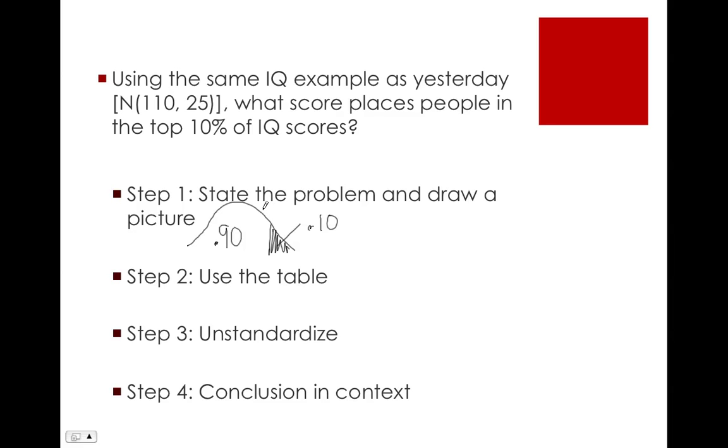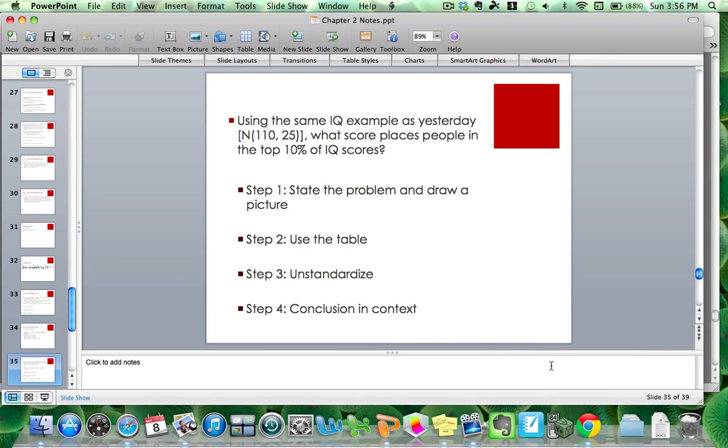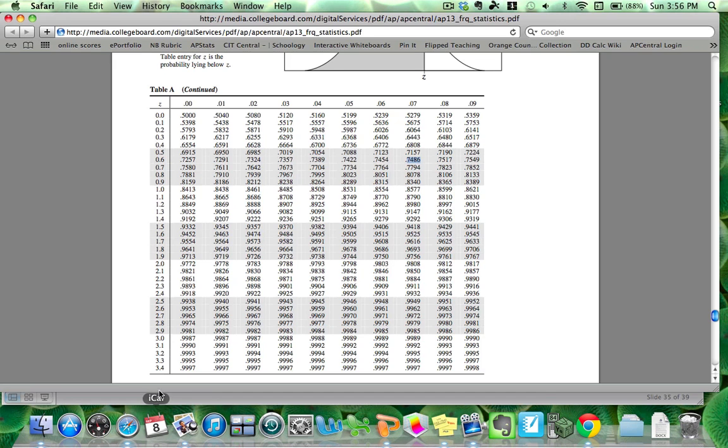Okay, so I'm going to pull up my tables. And I'm looking for the closest thing I can find to 0.90. And I see 0.8997 right here. Okay? I'm going to take that 0.8997 and trace that to the left and up.